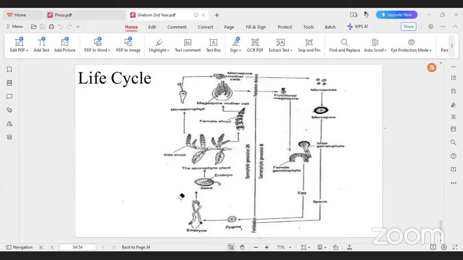You should read paleobotany also. In paleobotany, mainly the types of fossils, fossilization, and Bennettitales characters, also Williamsonian characters are important.